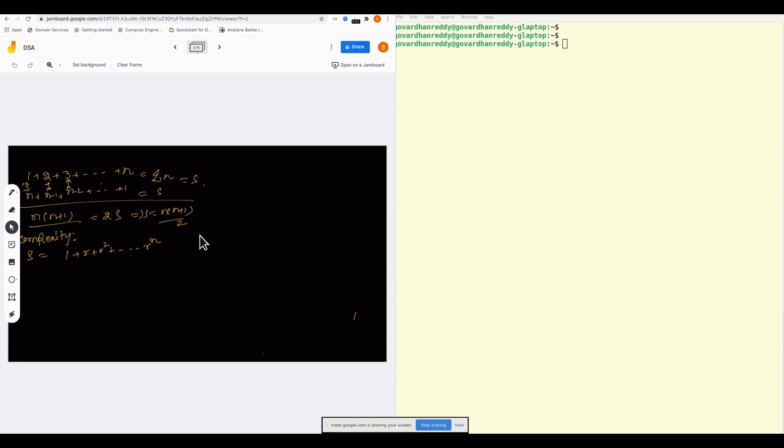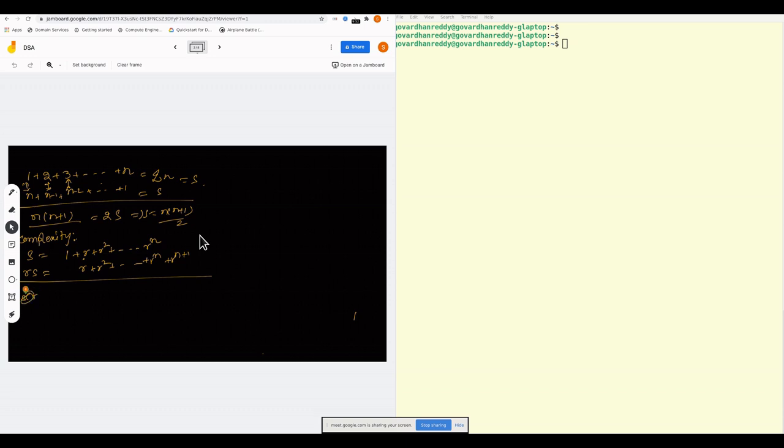We can formulate it pretty much the same way we did for that, except let me multiply S with r, the same ratio. So this will be equal to r plus r square plus so on plus r power n, and this ends with r power n plus 1, right?